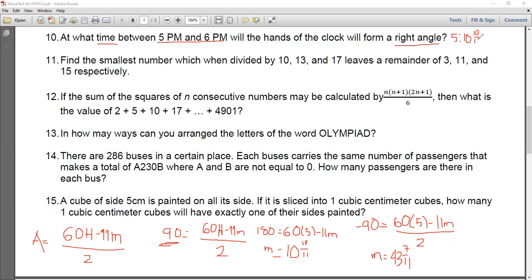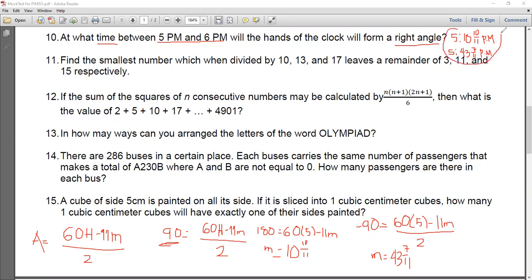Of course, you should put that word p.m. because p.m. was stated here. And then the other one, that would be 5 and 43 and 7 over 11 p.m. Okay, tell me if I'm going to erase now the solution.